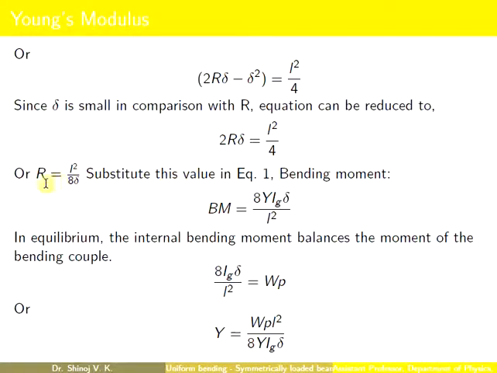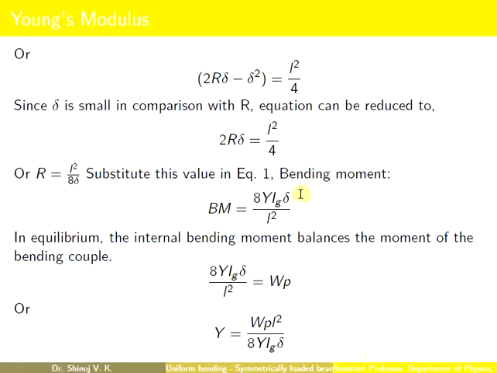And we can substitute this value in our equation number 1, that is, the internal bending moment is Y Ig by R. So we substitute for R in that expression. Then you will get the expression for the bending moment equal to 8 Y Ig delta by L squared. In equilibrium, the internal bending moment balances the moment of bending couple.